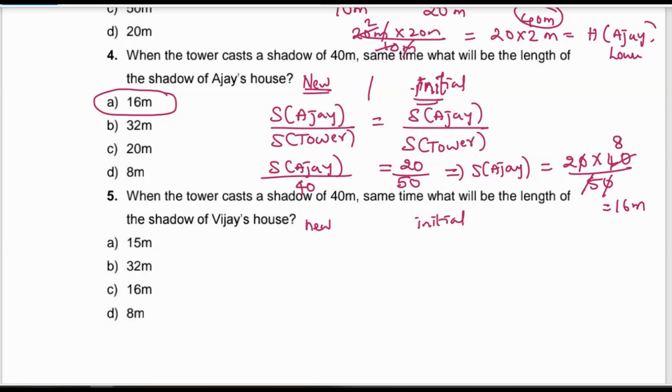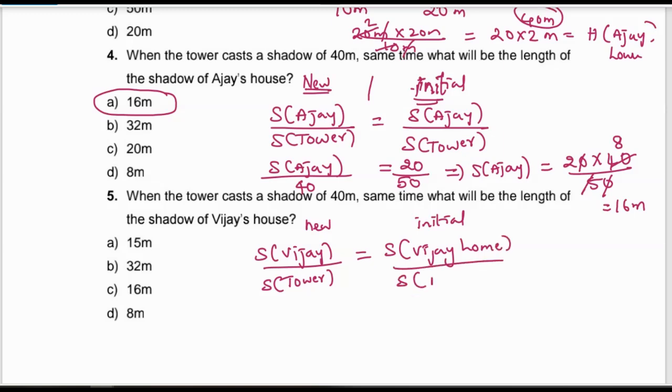So the new, that is shadow of Vijay house divided by shadow of tower, that will be equal to shadow of Vijay house or home divided by shadow of tower. So here we should find the shadow of Vijay house.